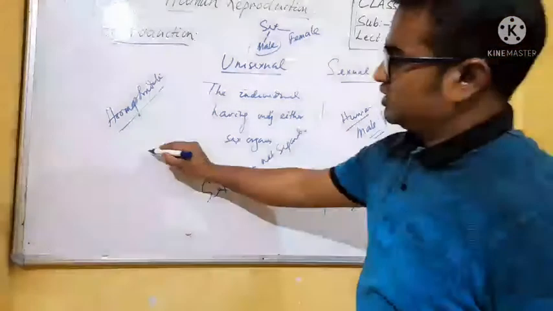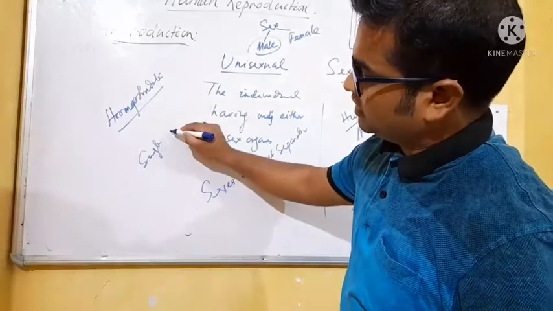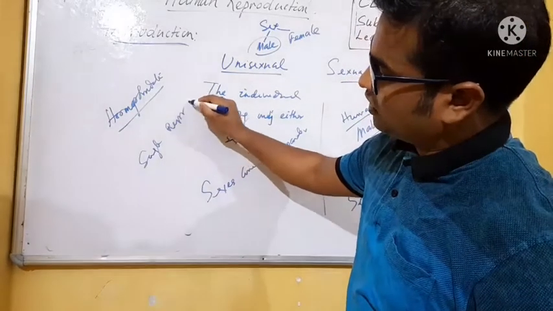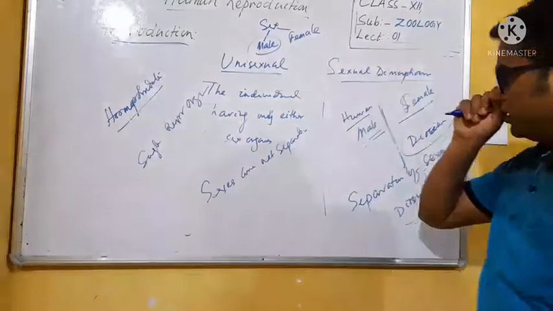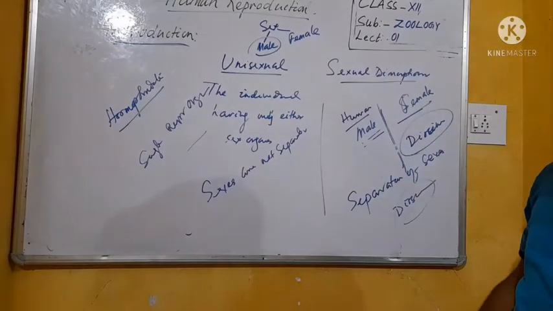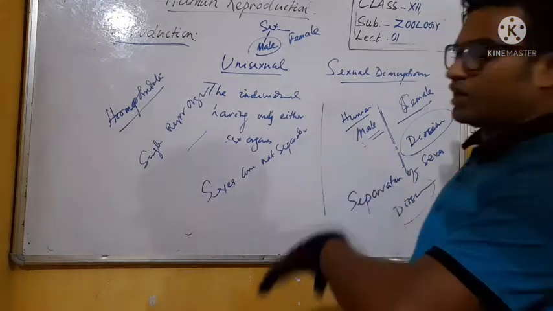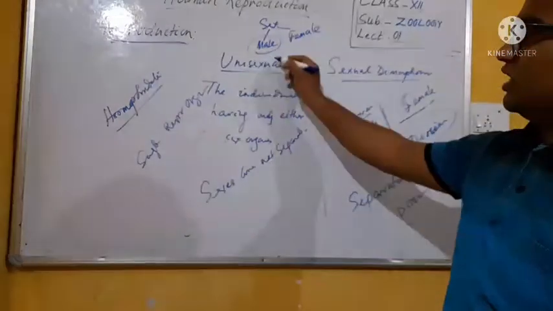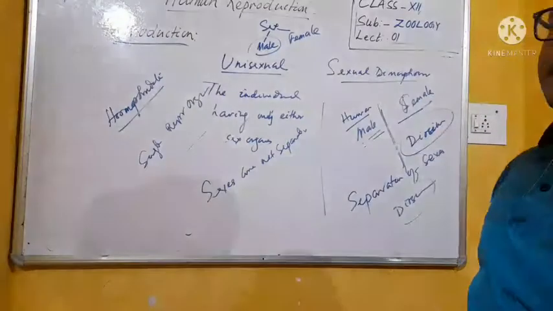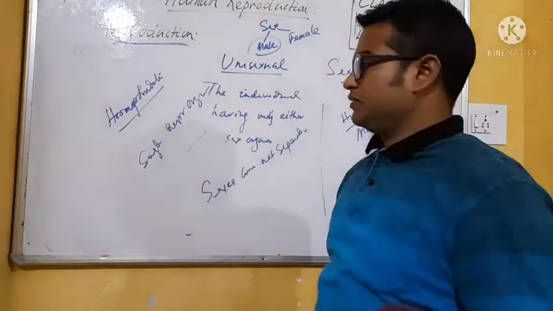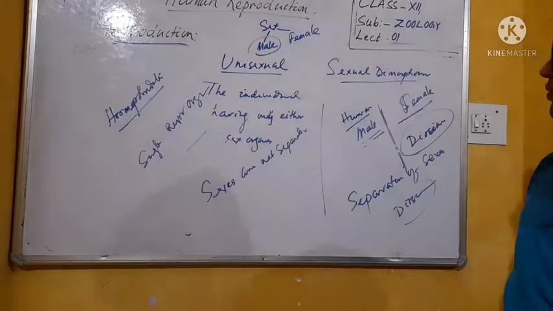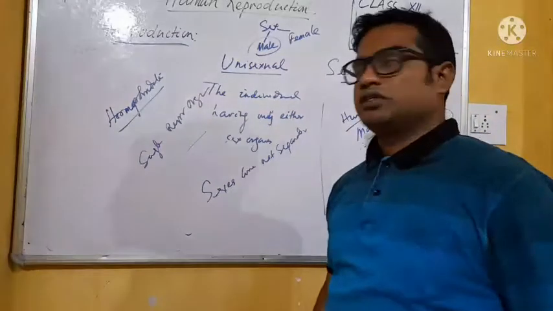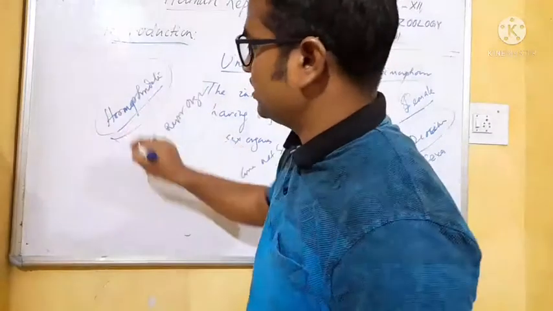So next, unisexual means single reproductive organs. The organism or individual which has either sex organ, single sex reproductive organs, is known as unisexual. If an organism contains both male and female sex organs, that is known as hermaphrodite.